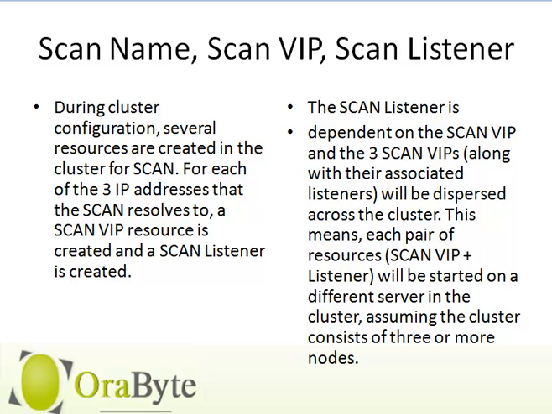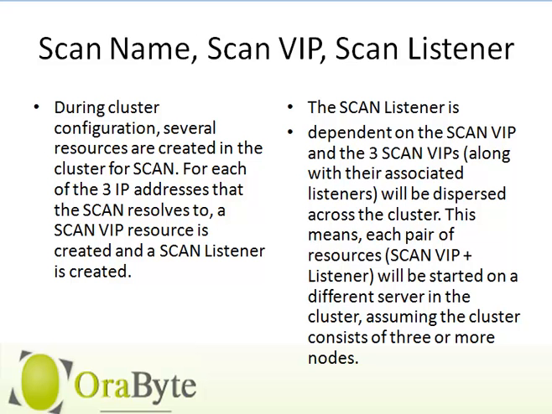The scan listener is dependent on the scan VIP, and the 3 scan VIPs will be dispersed across the cluster. This means each pair of scan VIP plus listener will be started on a different server in the cluster, assuming the cluster consists of 3 or more nodes.